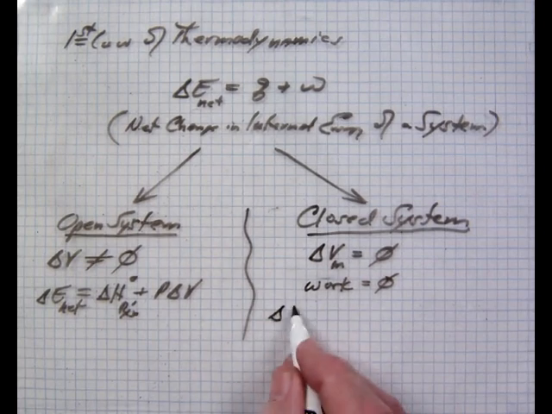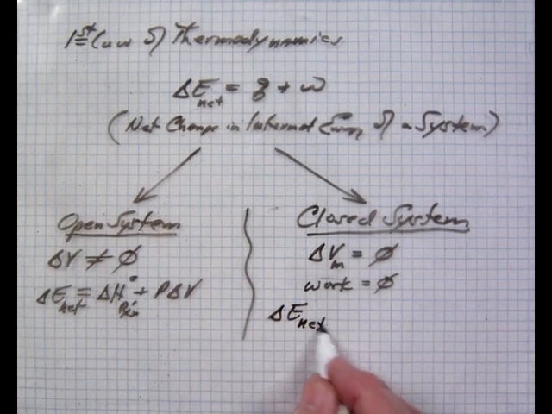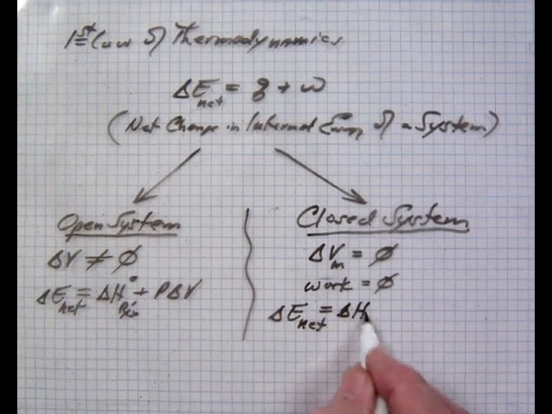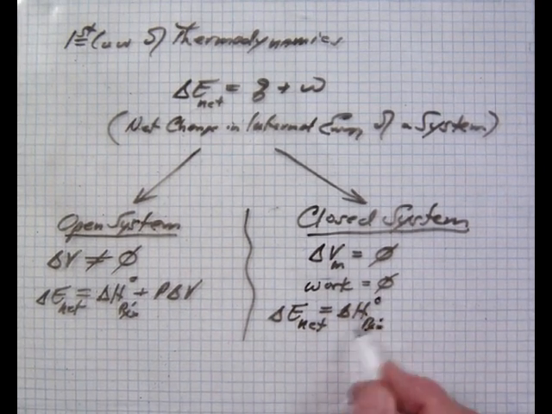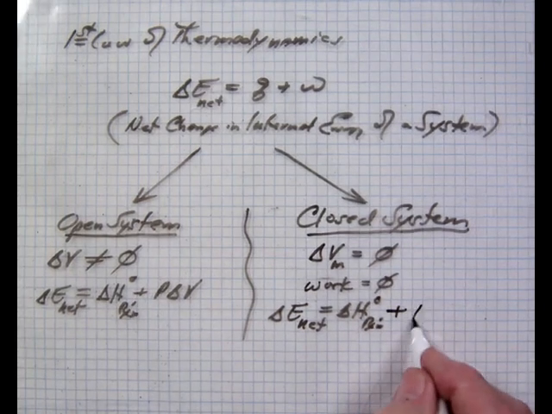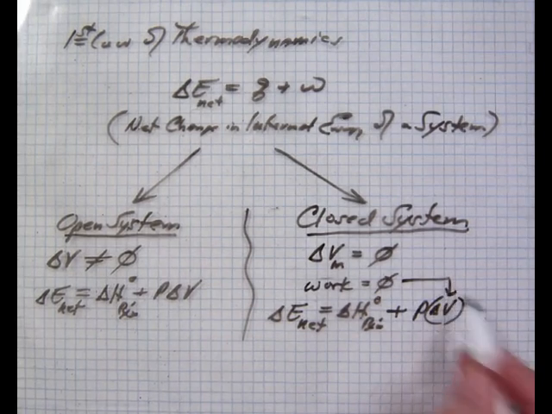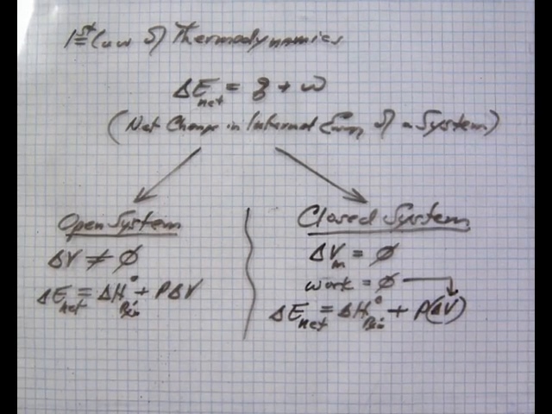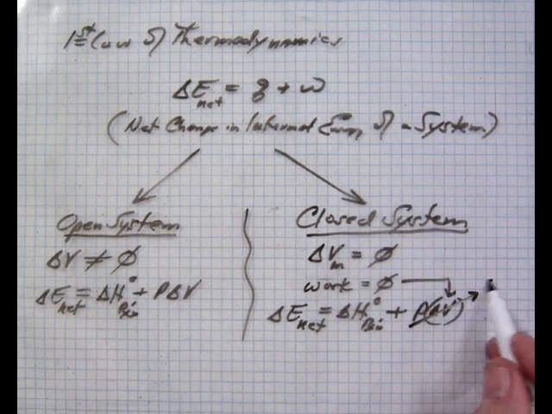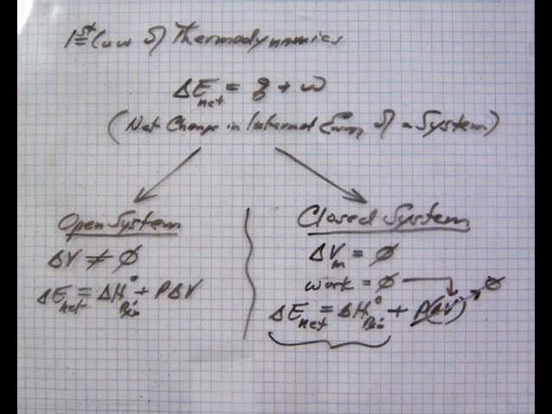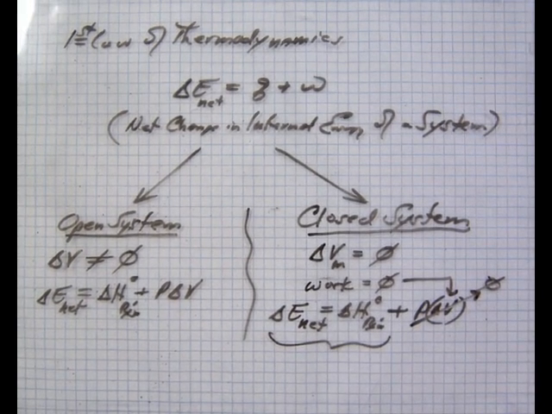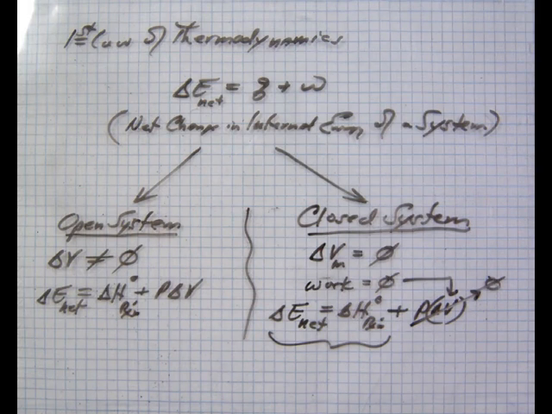And when you look at delta E net equals delta H of reaction, the Hess law calculation, plus P delta V, then if you put 0 there, this term goes out to 0, and the change in internal energy is also the enthalpy of reaction.